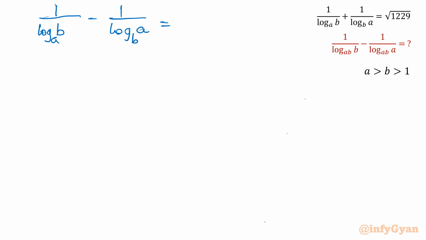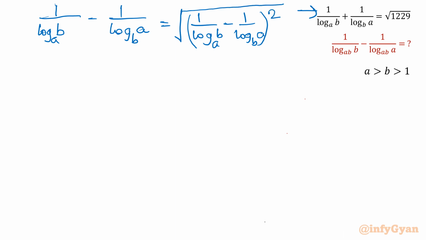Now I can write this as the square root of 1 over log b base a minus 1 over log a base b, whole square. Square root is there and square is there, so it is the same, meaning no change in the value.